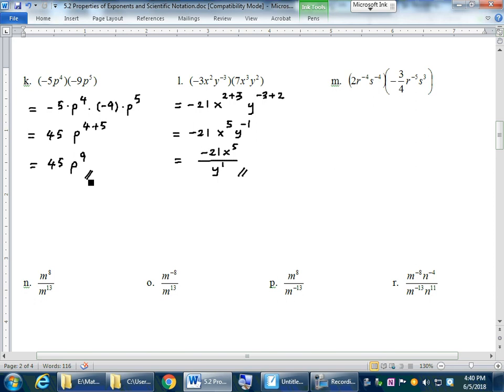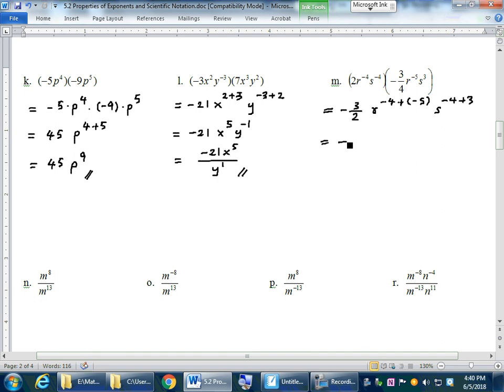Similarly, the next one, multiply 2 times negative 3/4, that will give me negative 3 over 2 because you reduced it. And then r to the negative 4 times r to the negative 5, so it will be r to the negative 4 plus negative 5 using property number 1. And then s to the negative 4 plus 3.